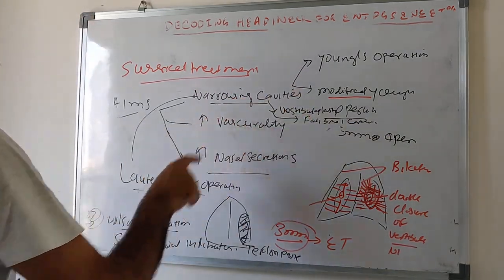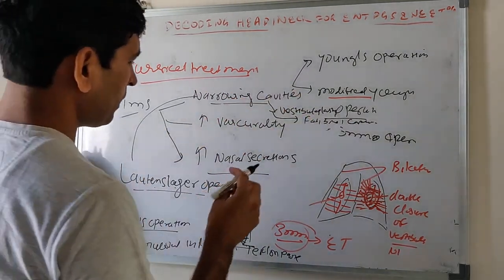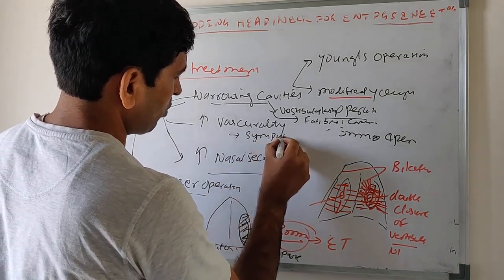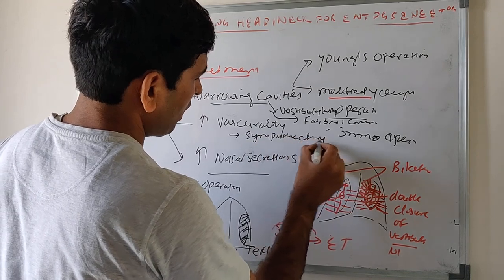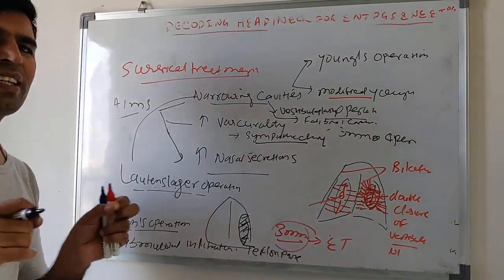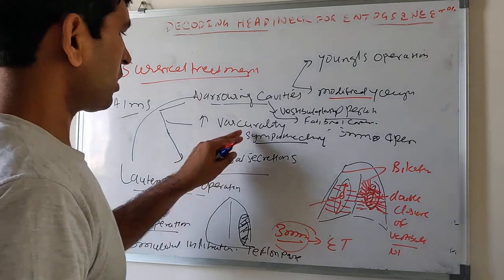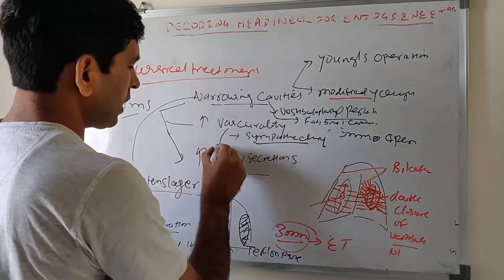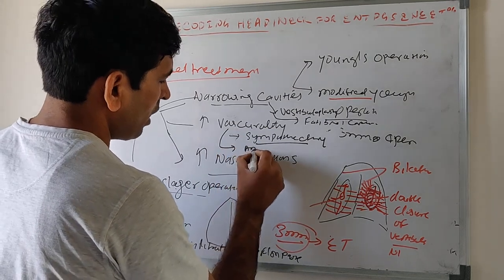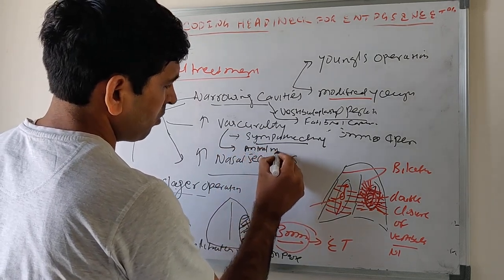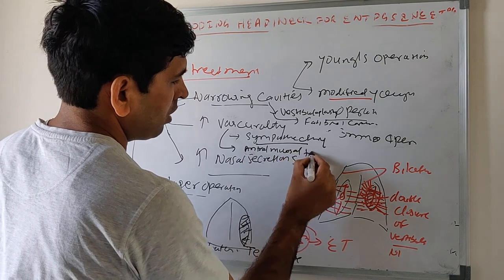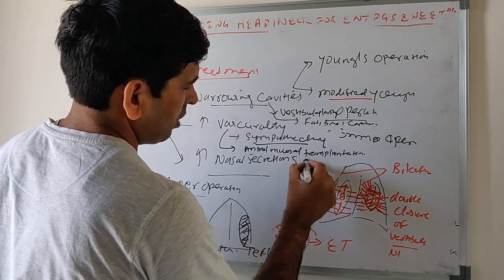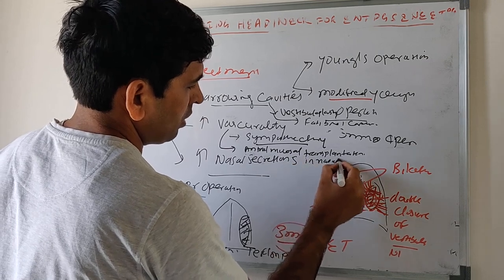For increased vascularity, you may do sympathectomy, blocking the stellate ganglion in the upper neck. Or you may increase vascularity by antral mucosal transplantation in the nasal cavity.